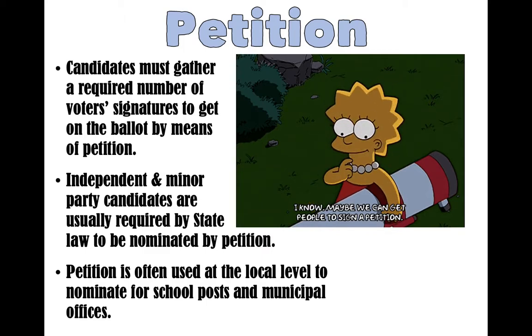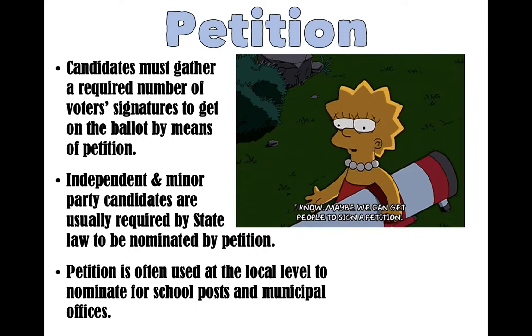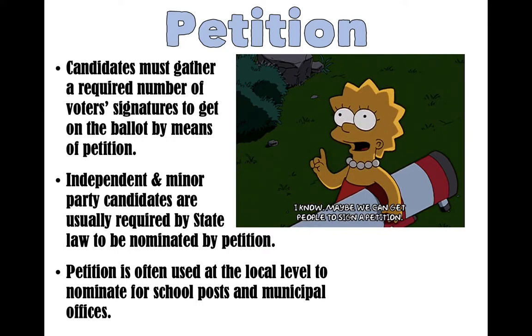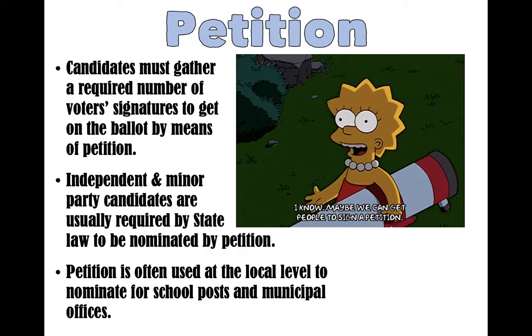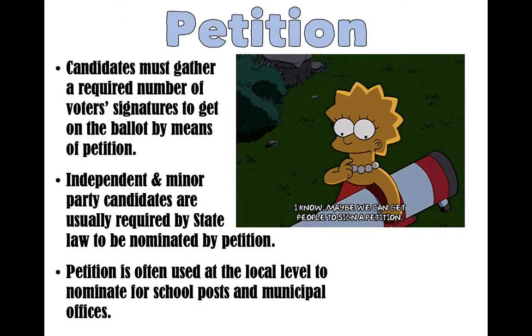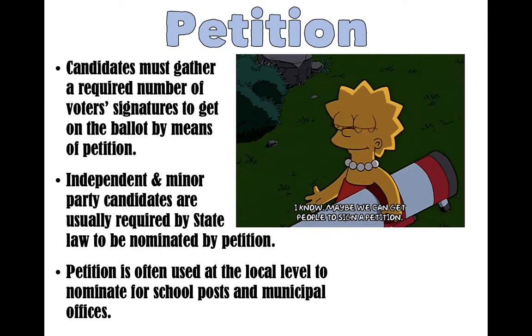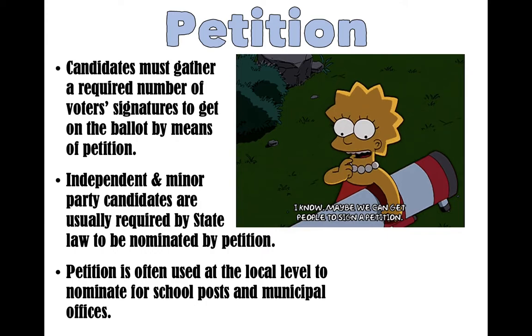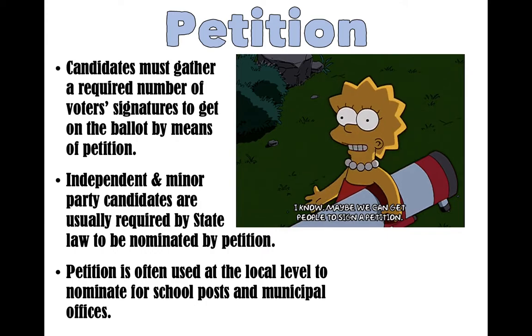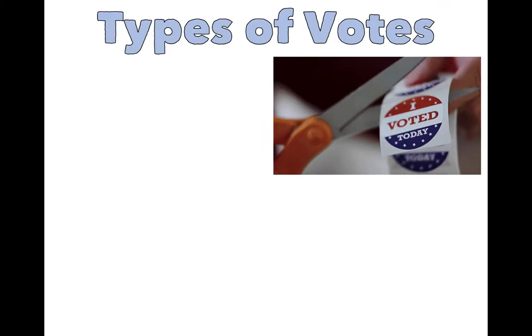Well, you could, but then you would need to get signatures from X amount of people to be put on the ballot. If you don't get enough signatures, you won't be put on the ballot, and if you're not put on the ballot, guess what? Unless you get a lot of support for write-in votes, most likely you're not going to get enough votes to win. So again, that petition is important in our democracy in regards to getting people on a ballot.